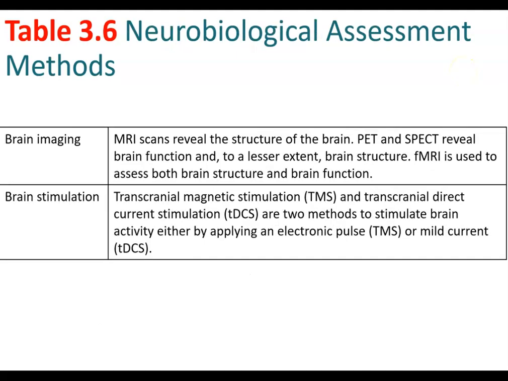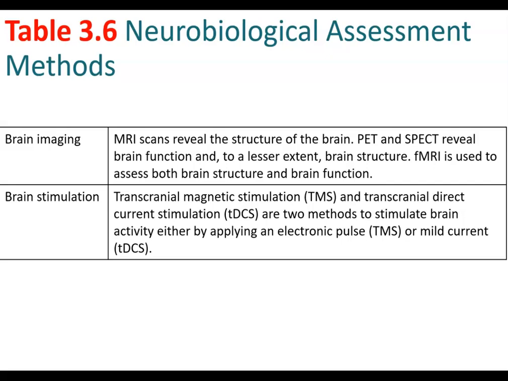Now, neurobiological assessment, that basically refers to what is going on inside the brain. And for neurobiological assessment, we use brain imaging techniques like MRI scans, PET scans, SPECT scans, functional MRIs, which assess both brain structure and how the brain is functioning.